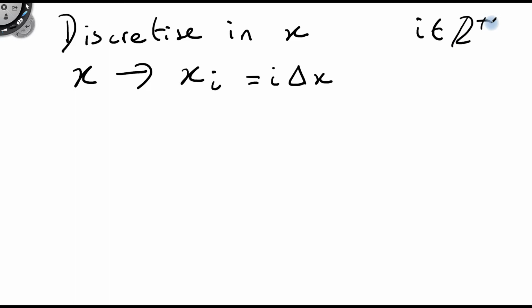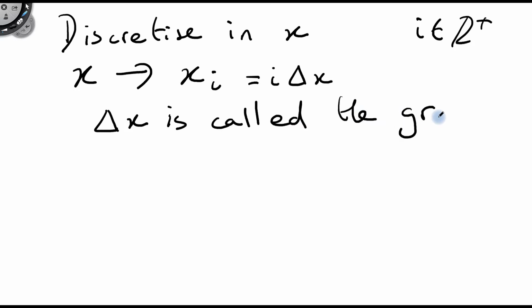And delta x has a name, it's called the grid length. These are two bits of words that it's very important to get a handle on, and people who do well at this module do get it.